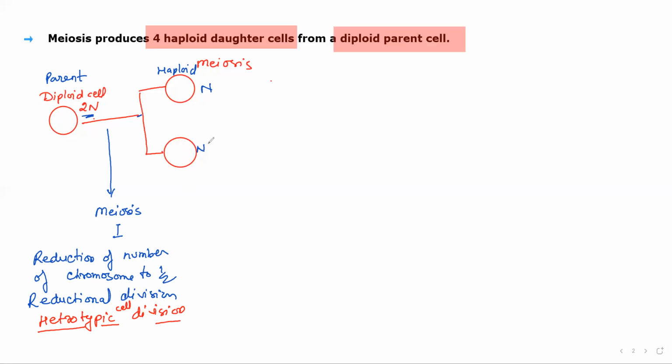After meiosis 1, in these daughter cells, meiosis 2 takes place. After this second meiotic division, 4 haploid daughter cells are going to form. This is 1, 2.